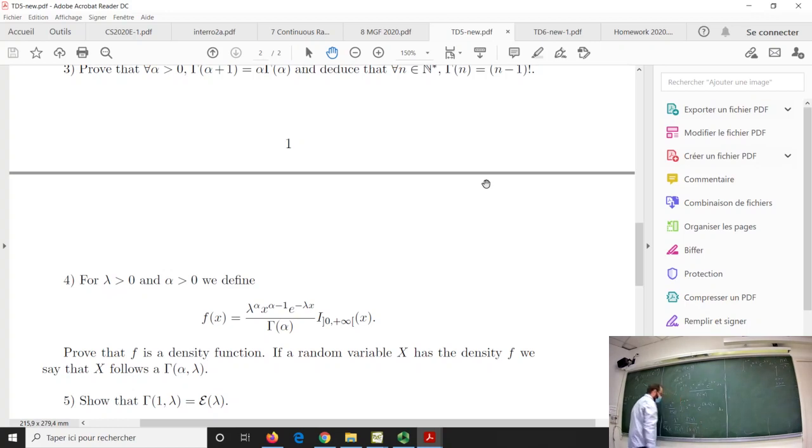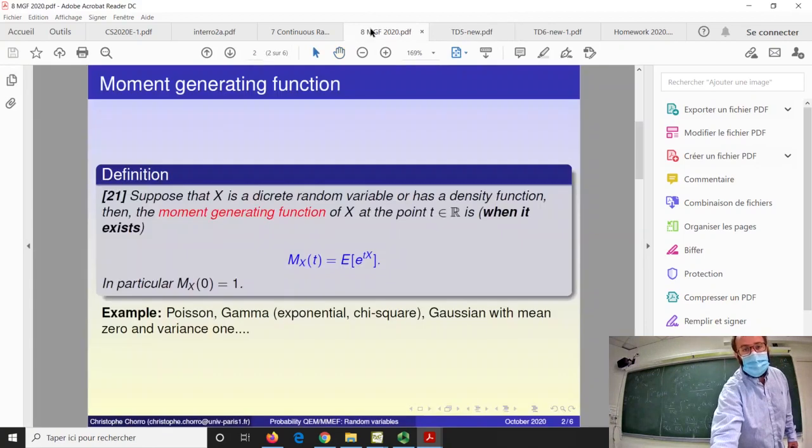And I obtain at the end something that I can write this way: lambda over lambda minus t to the power alpha. Just one remark. Don't forget that a moment generating function, when it exists, is a strictly positive number because it is the expectation of an exponential.